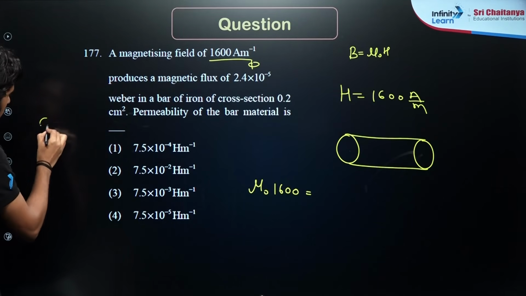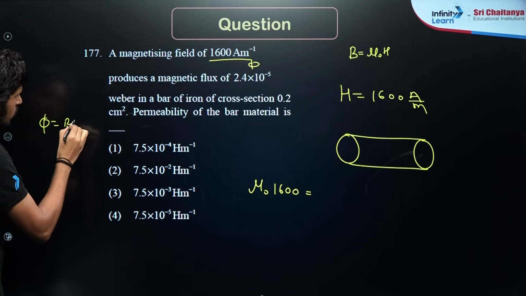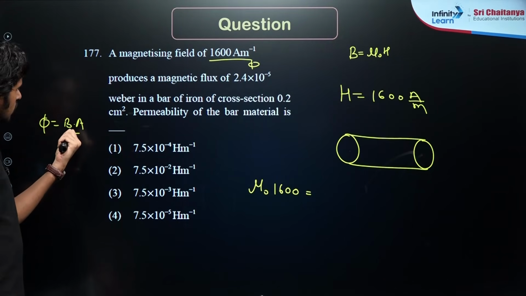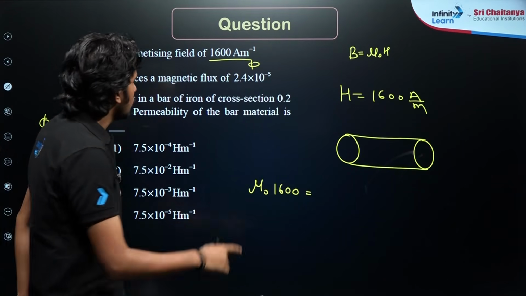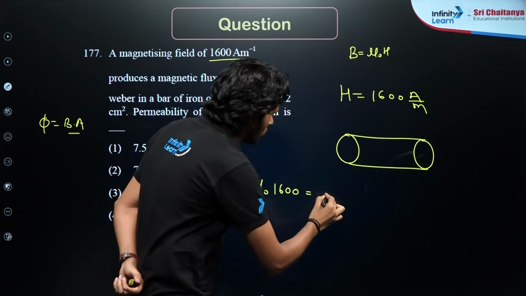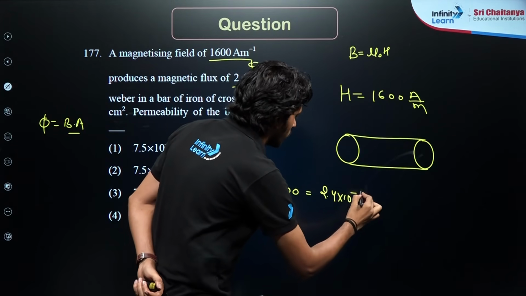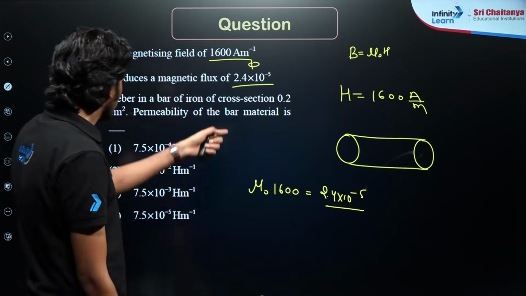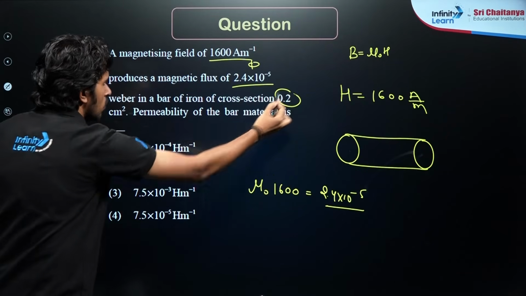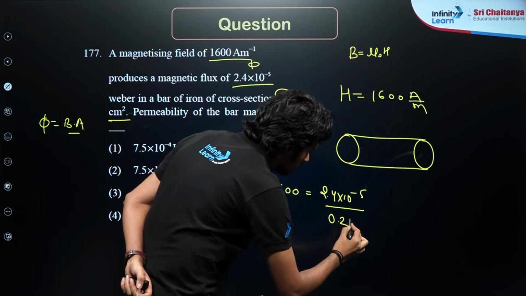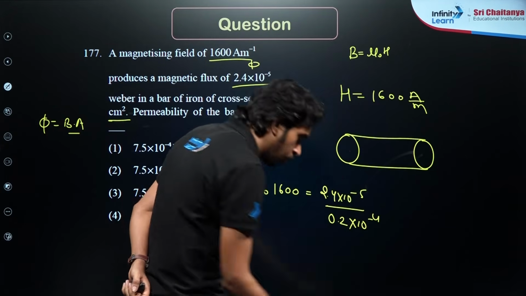So you know phi is B into area, right? So if I want magnetic field, that will be phi by area. So phi flux is given 2.4 into 10 raised to minus 5 upon area. Cross sectional area 0.2 centimeter square. 0.2 centimeter square means 10 raised to minus 4.